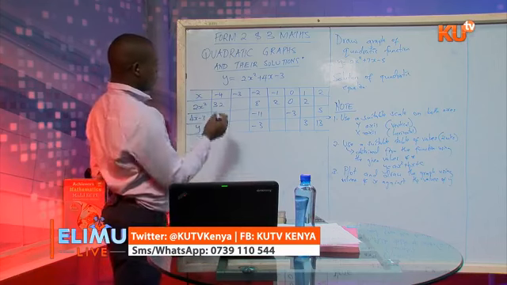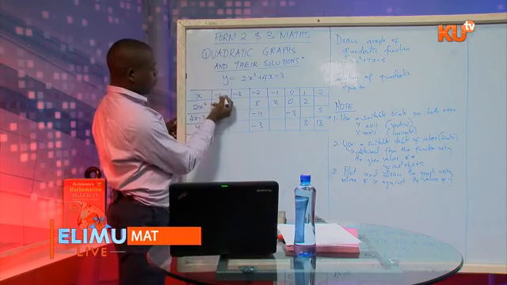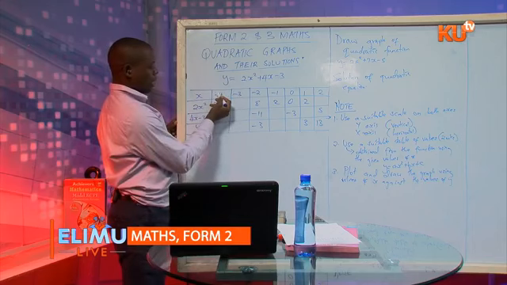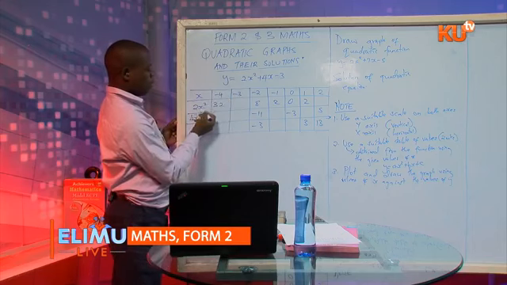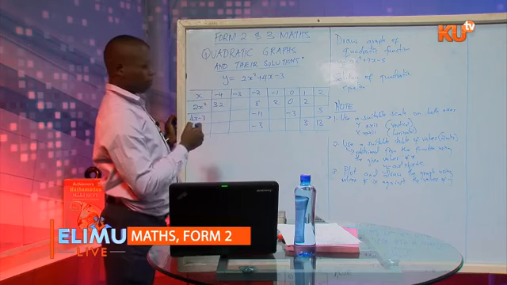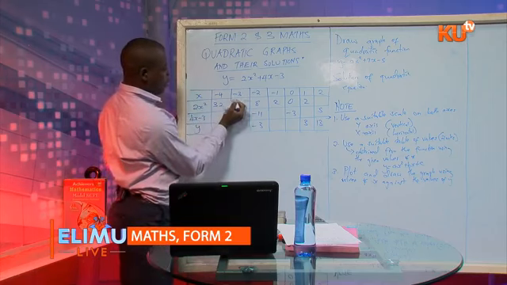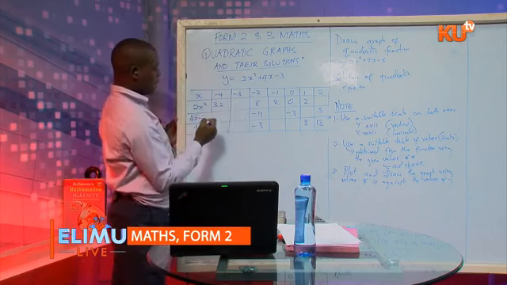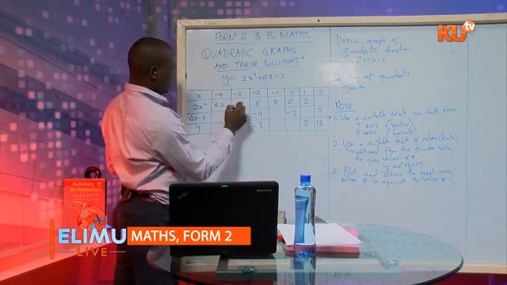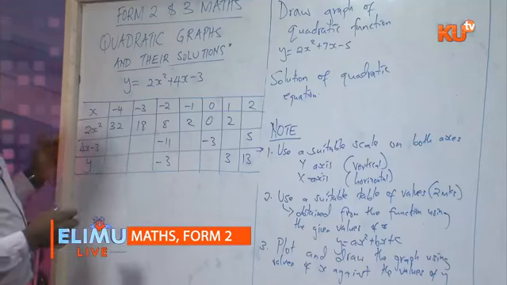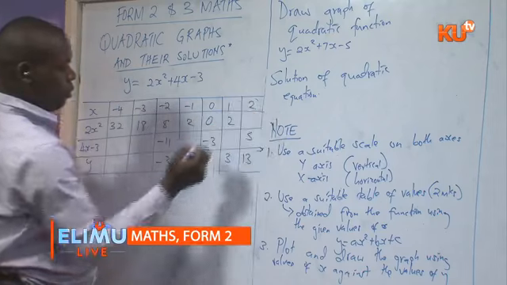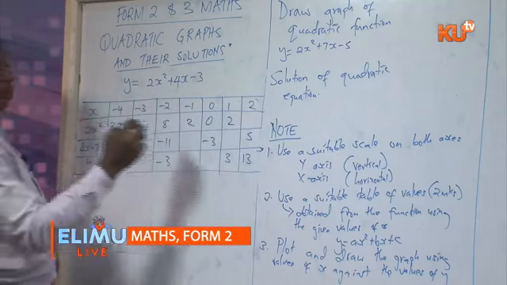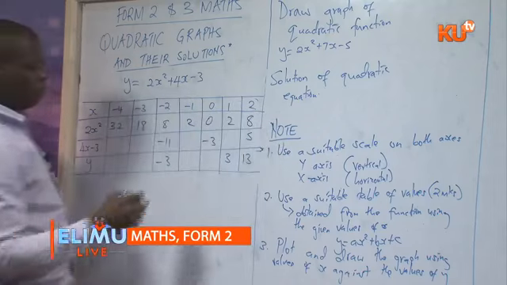So when we fill this column, we simply square -4, you get 16, times 2 gives you 32. We do the same here. Square -3, you get 9, times 2 gets 18. Square 2, that is 4, times 2 gives us 8.